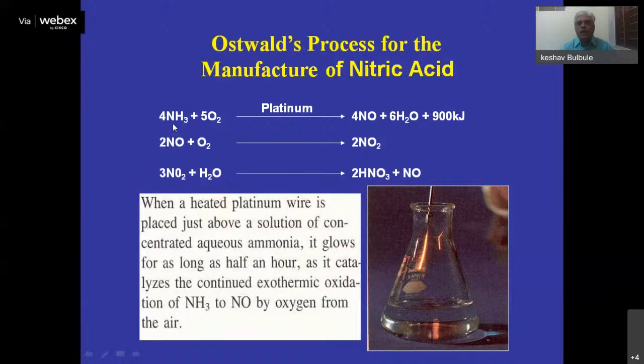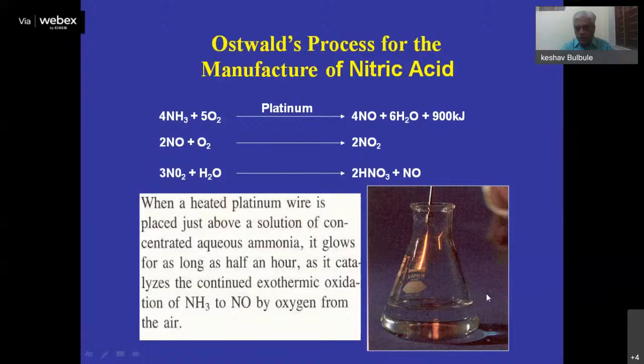And this first reaction is oxidation of ammonia to nitric oxide. Only to accelerate the rate of the reaction, a thin sheet of platinum is used as catalyst. Why is platinum used as catalyst?